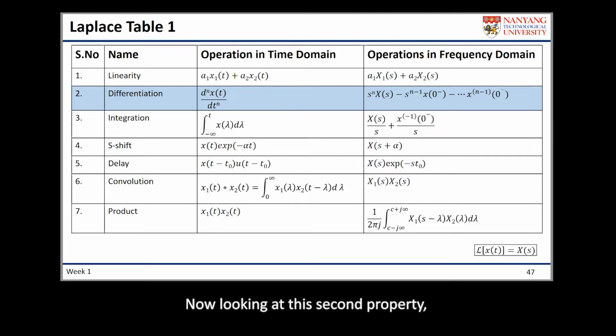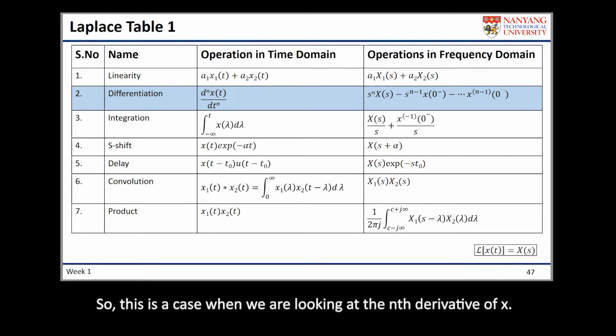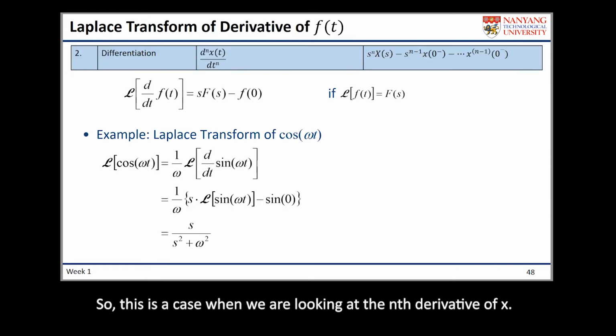Now, looking at this second property, if again X(s) is the Laplace of x(t), then the Laplace of the nth derivative of x(t) will look like this, and this Laplace counterpart of the nth derivative of x(t) can also be expressed by X(s), where X(s) is the Laplace of x(t). So this is the case when we are looking at the nth derivative of x.